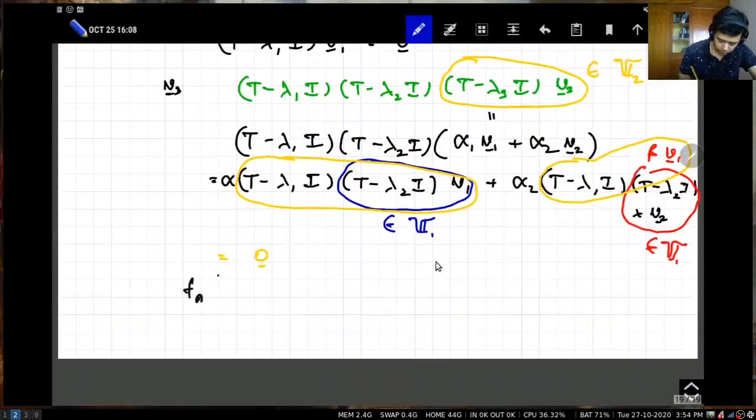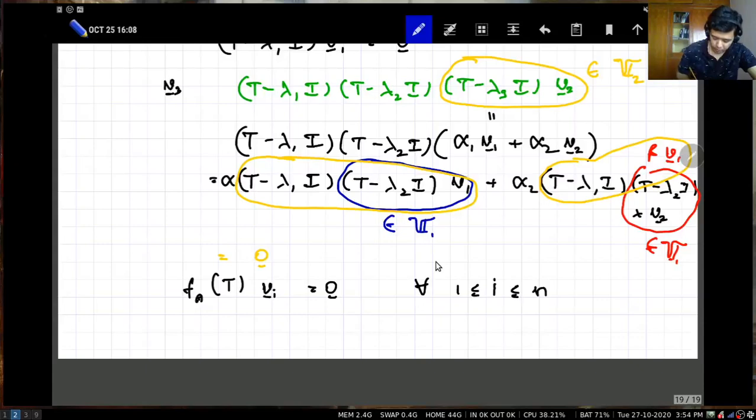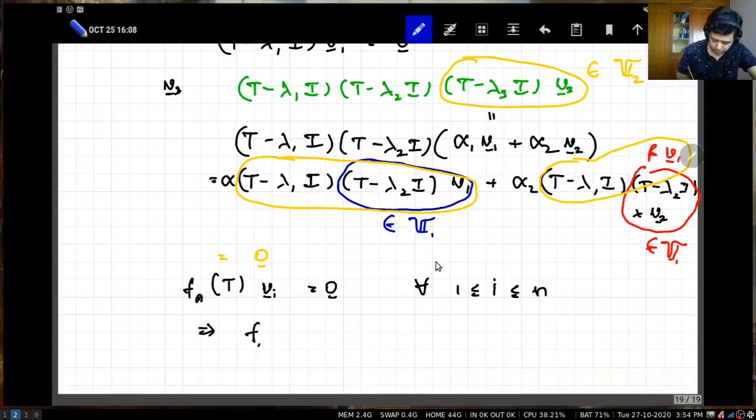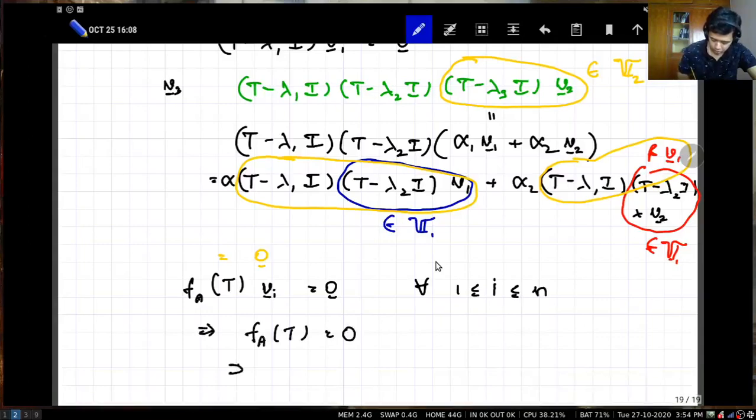So fA of T times Vi equals the 0 vector for all 1 less than or equal to i less than or equal to n, which implies that fA of T equals 0, or effectively fA of A equals 0. So every square matrix A satisfies its own characteristic equation.